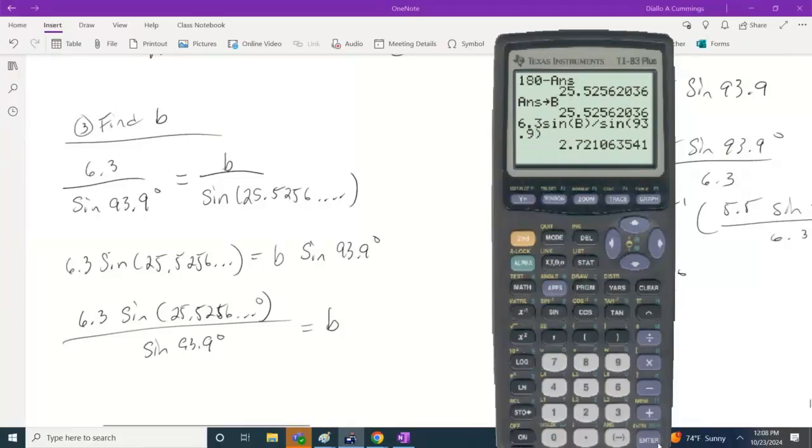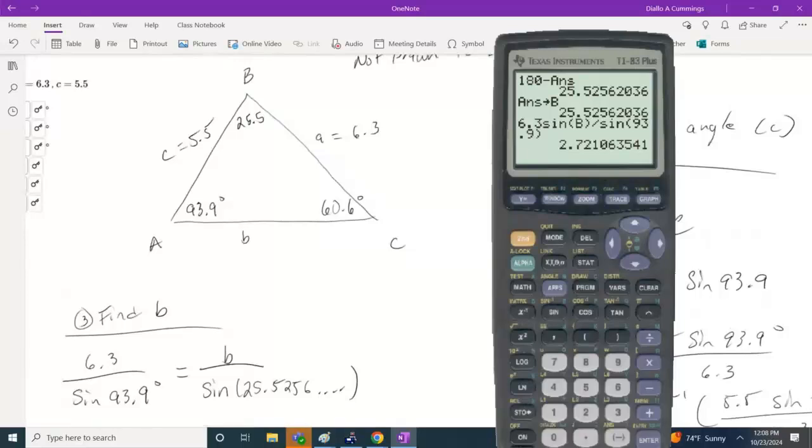I close off my argument for sine. And we get 2.7. So B is equal to 2.7, and we have solved the triangle.